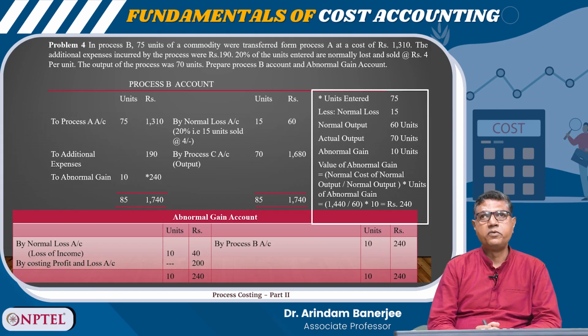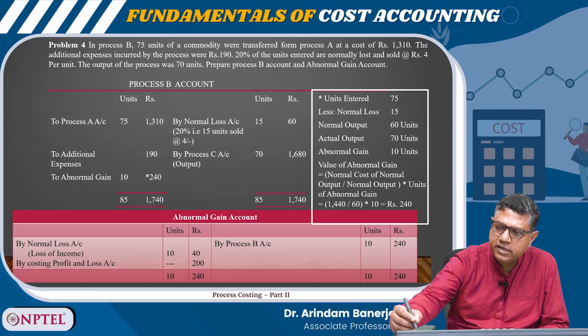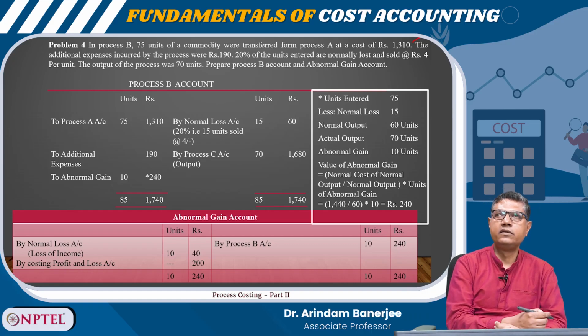So, this is the problem. In process B, 75 units of commodity were transferred from process A, right, at a cost of rupees 1310.